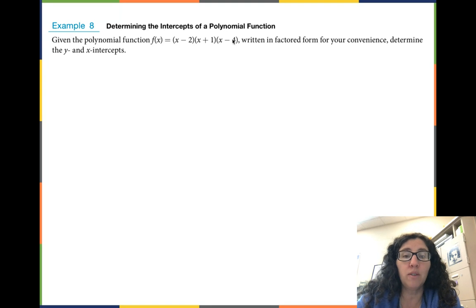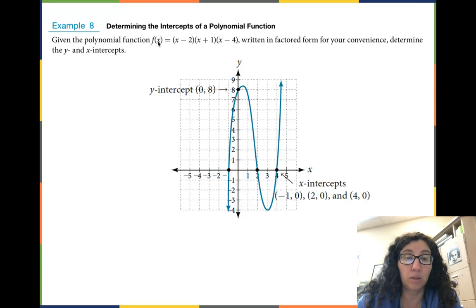All right, so given this polynomial, written in factored form for our convenience, determine the x and y intercepts. For the y-intercept, that's when x is 0. So we just plug 0 in to this function. We'll get -2 times 1 times -4, which gives us +8.